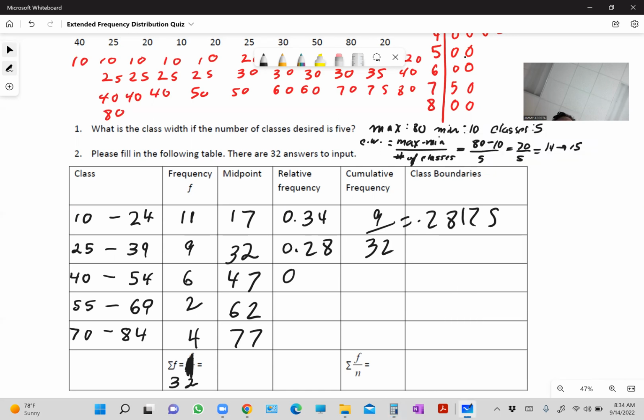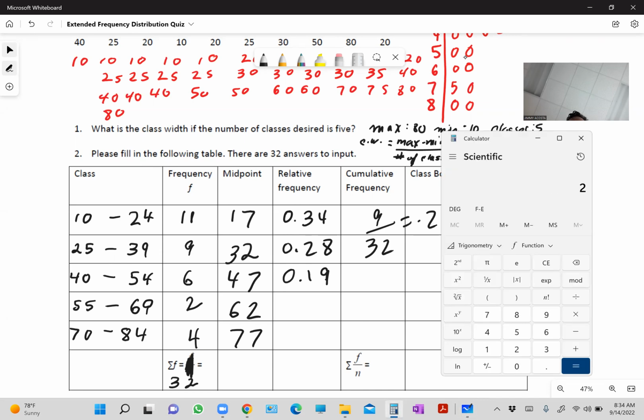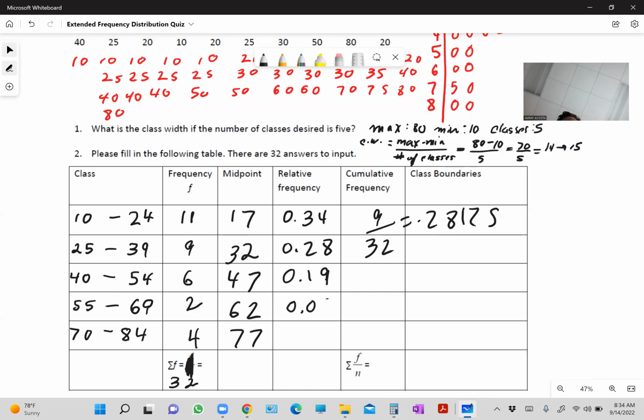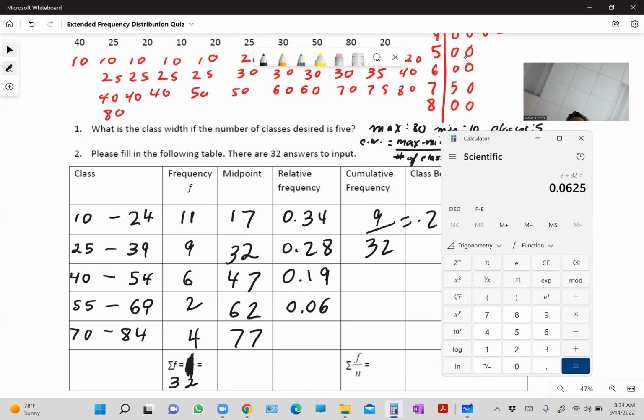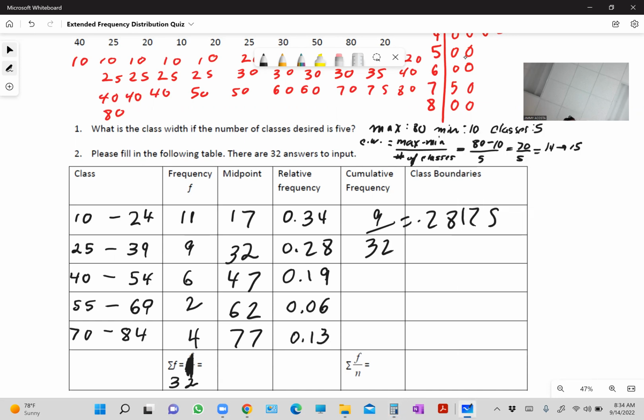So I'm going to go 0.19. And we'll go 2 divided by 32. That's 0.06. 4 divided by 32. That's 0.13. Simple.